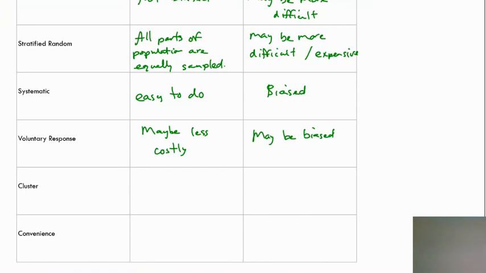So here we go. And then what about clustering? Clustering is pretty easy to do because you're just saying, like, this group of people and this group of people are already close together or associated. They're easy to gather. The problem is you're not really randomizing it, so it's biased. And finally, convenience.